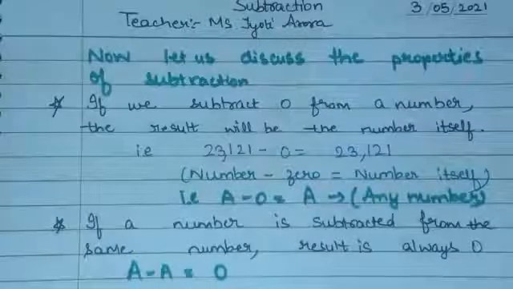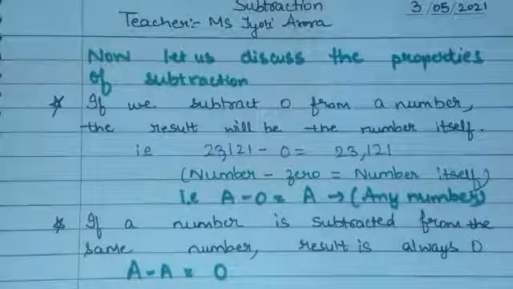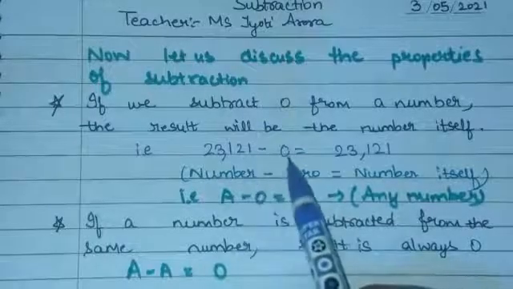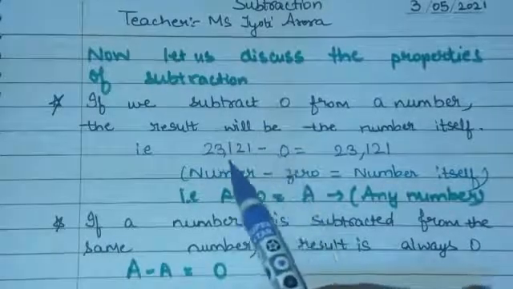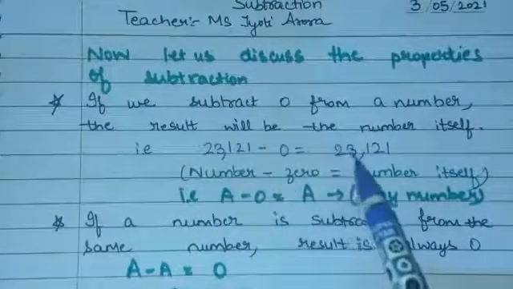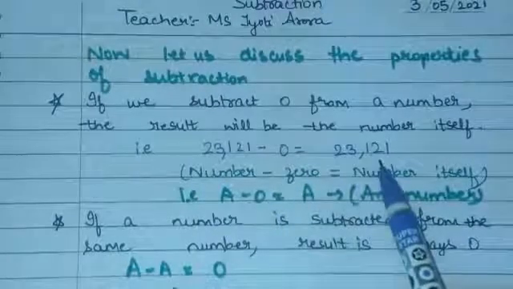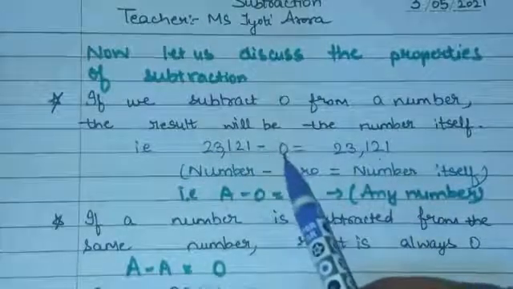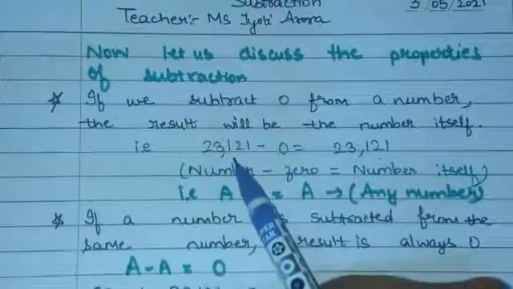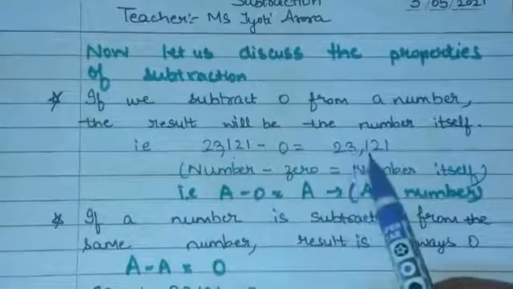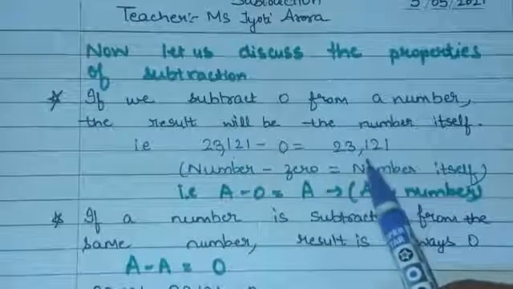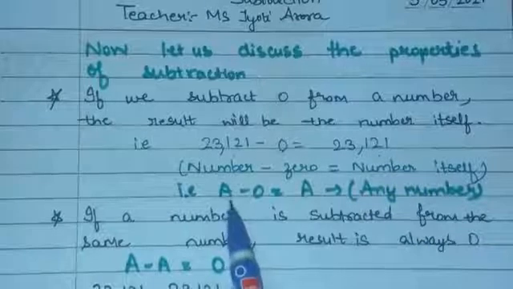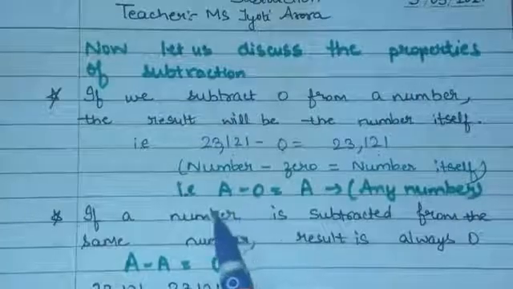Let us discuss the properties of subtraction. The first property is if we subtract 0 from any number, we will get the number itself. Means if we are subtracting 0 from any number, the answer will be that number only. So any number we can take as a.